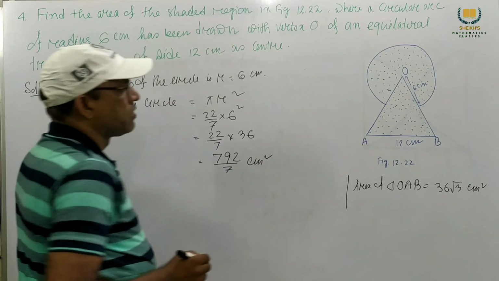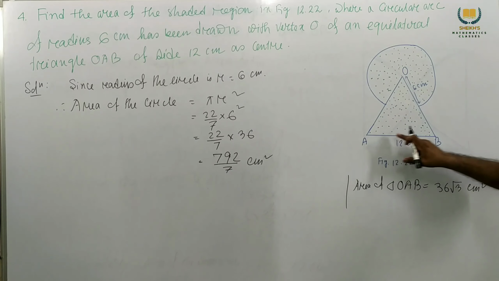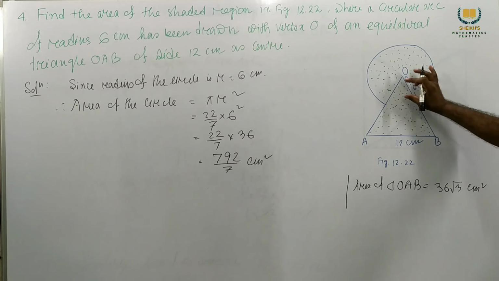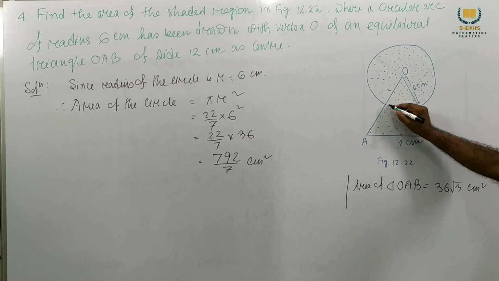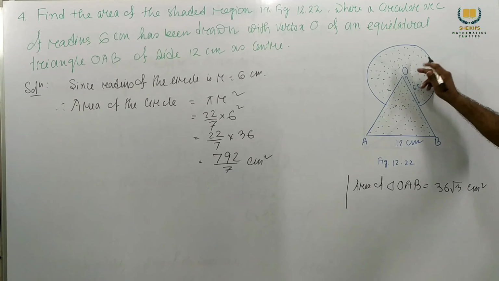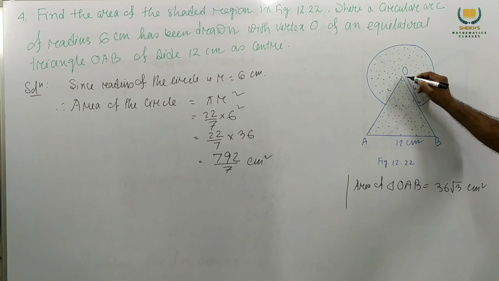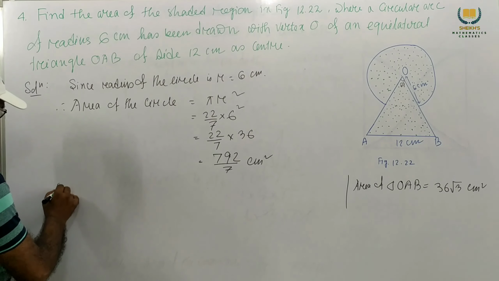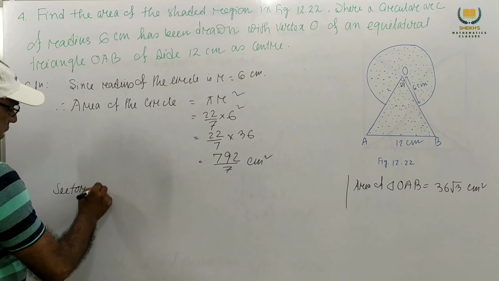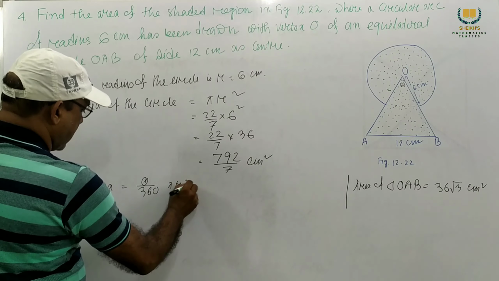So we get these two areas. Actually our requirement is the area of the shaded region. If we add these two, then it will be doubled, so we subtract the sector area from the whole area. This is a sector, whose radius is 6 and angle is 60 degree because this is an equilateral triangle. Sector area equals theta by 360 into pi r square.